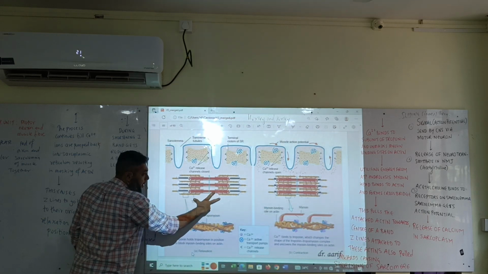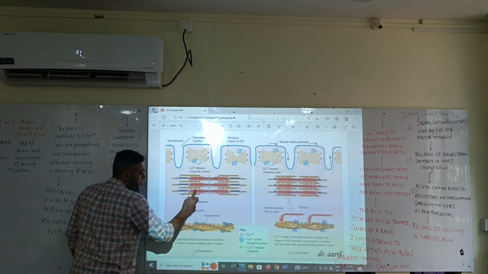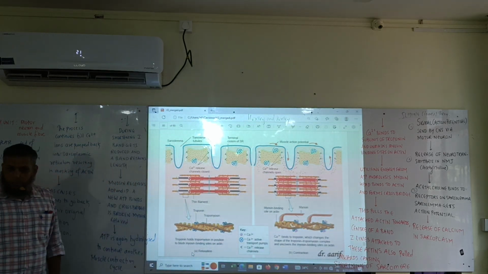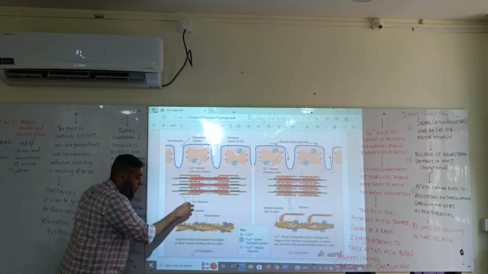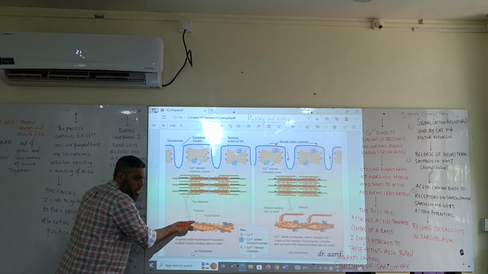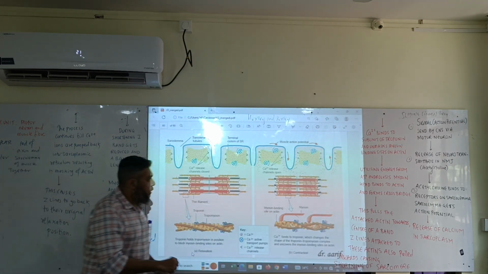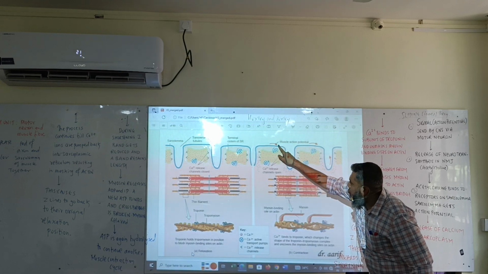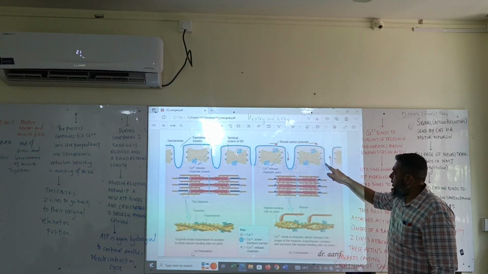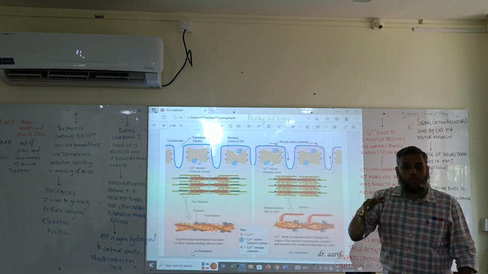Myosin, actin, dark band, M-line, I bands. And who is this? Troponin. And the troponin is masking the myosin binding sites on actin. Now look over here, the red line. Do you see the sarcolemma is getting the action potential? Do you see the sarcolemma is getting depolarized? How, sir?